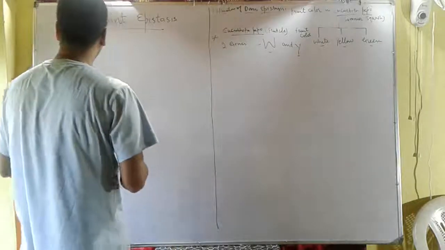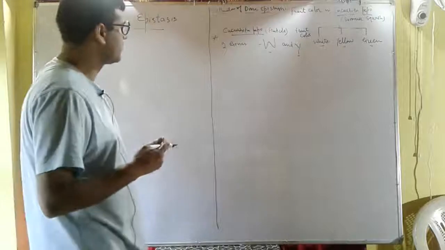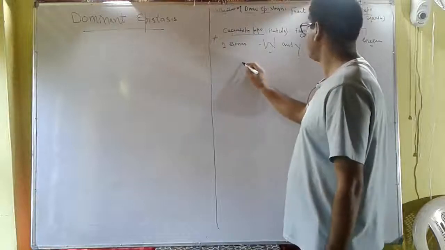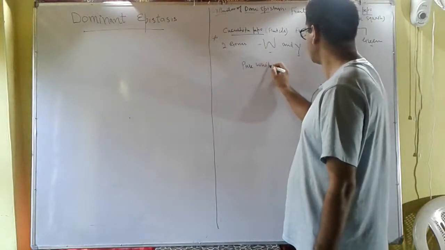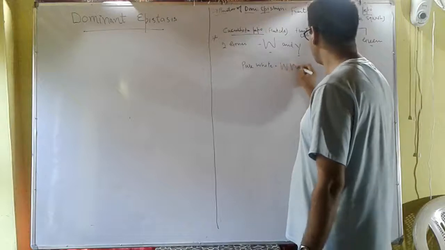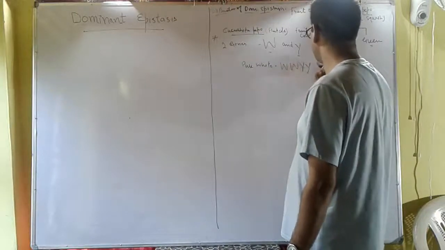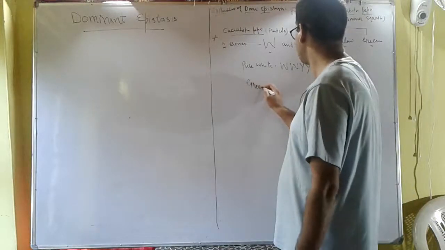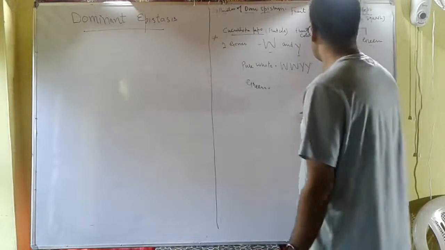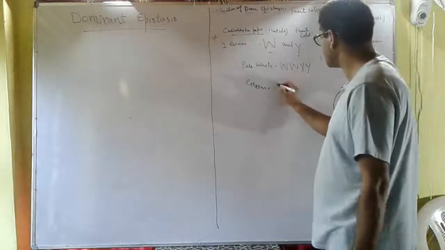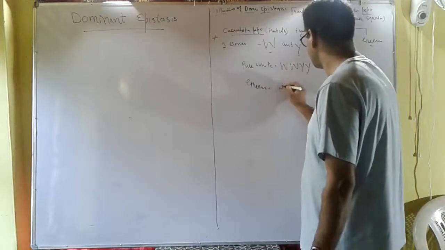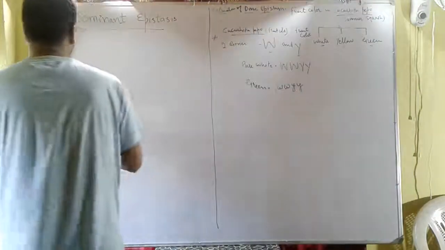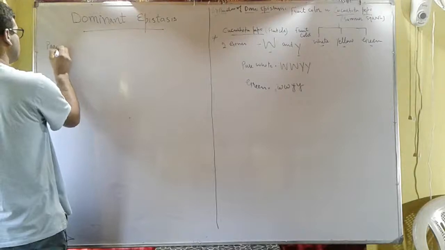A cross was made between pure white, which is W capital Y, and green, which is double recessive, small w, small y.